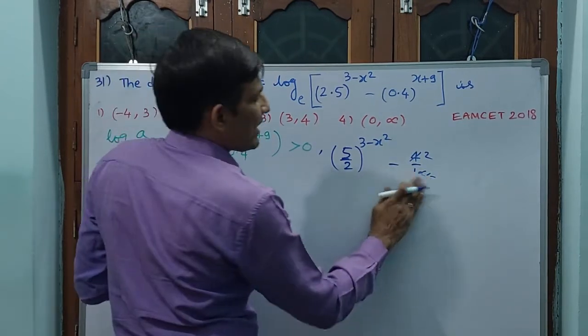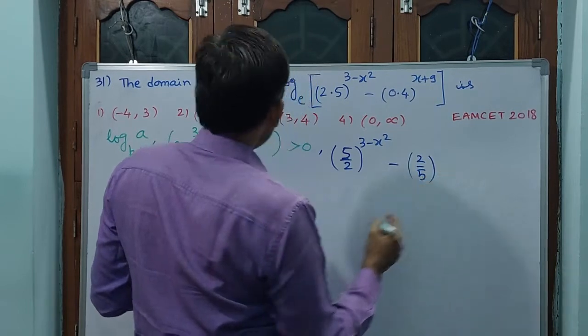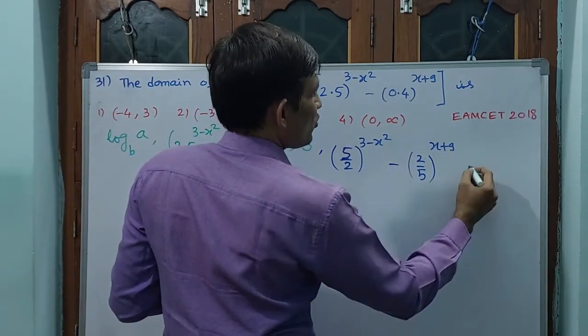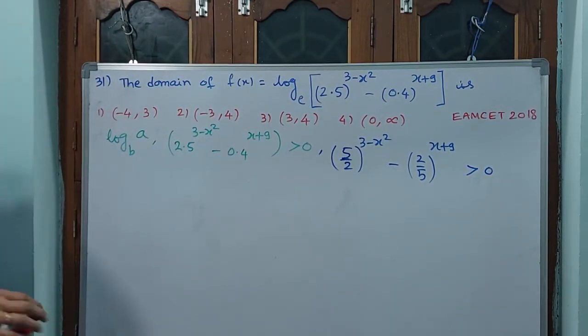Shall I write 2 by 5 directly? 2 by 5 whole to the power of x plus 9. This should be greater than 0. Okay?